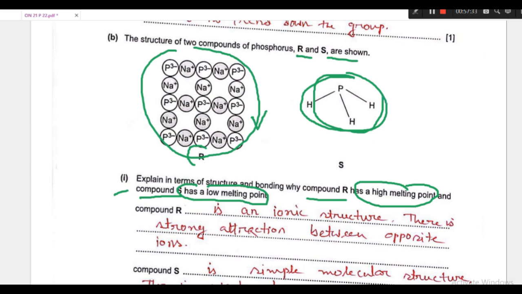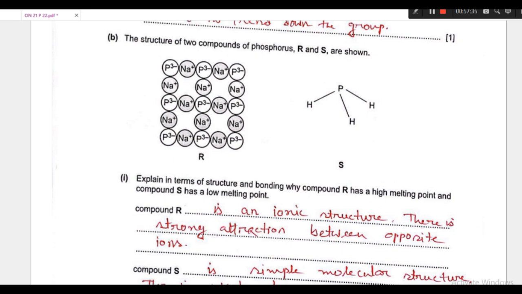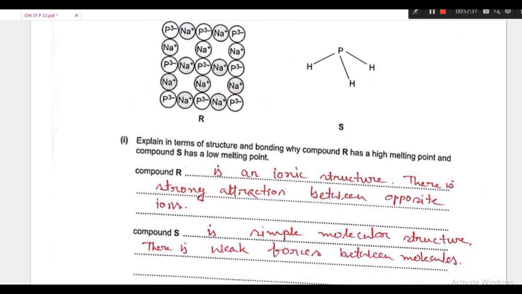So your answer, compound R is an ionic structure. There is a strong attraction between opposite ions, or you can write there is a strong attraction between positive ion and negative ion. So it has a high melting point.